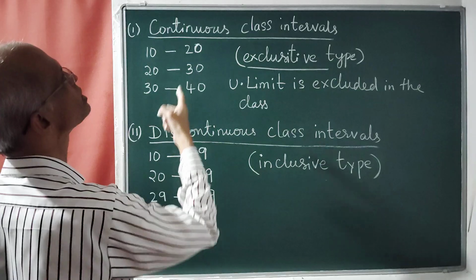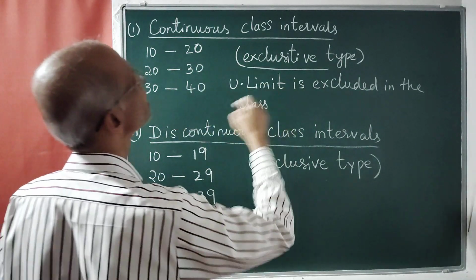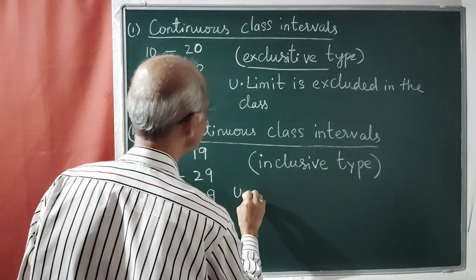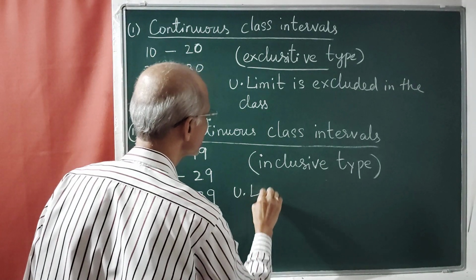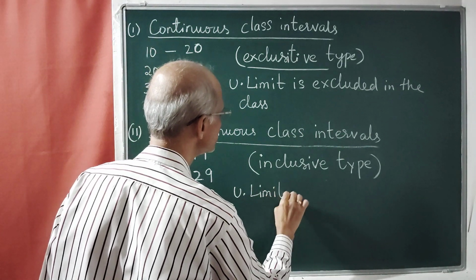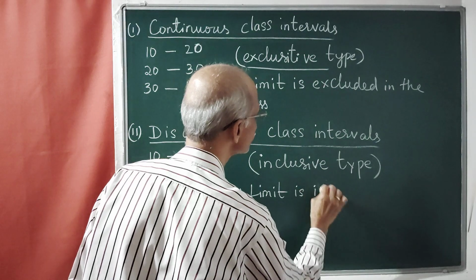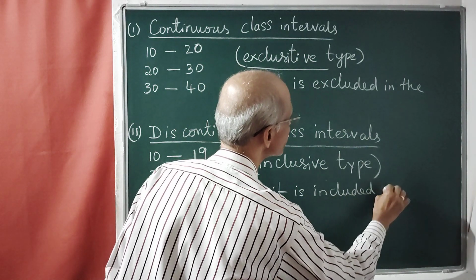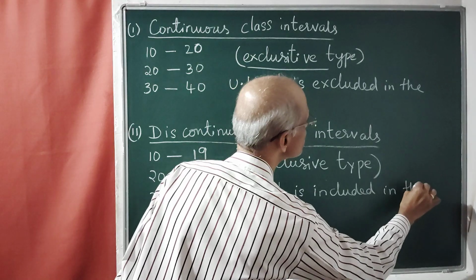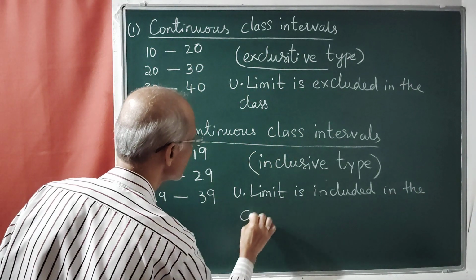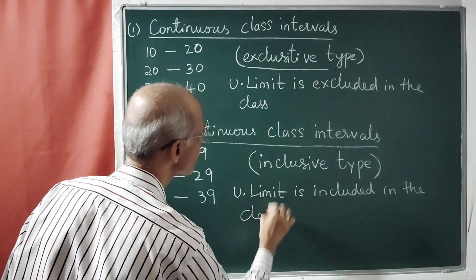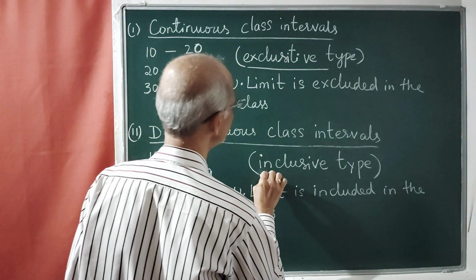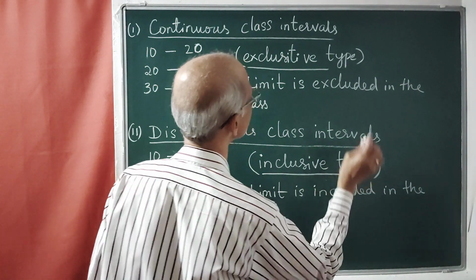Here in this case it was excluded. Here the upper limit is included in the class. So it is called inclusive type.